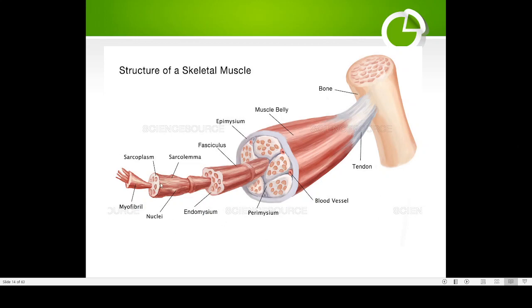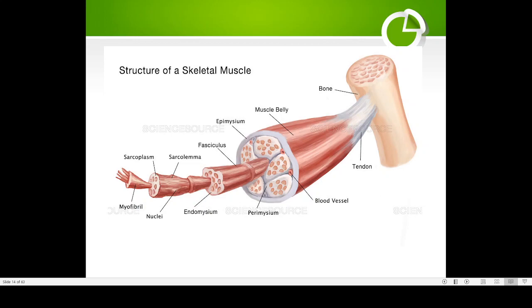One more important feature of a muscle cell is that inside the muscle fiber or muscle cell there will be smaller, almost thread-like or hair-like structures, and they are known by the name myofibers. So a muscle cell or muscle fiber is in turn formed of several myofibers.